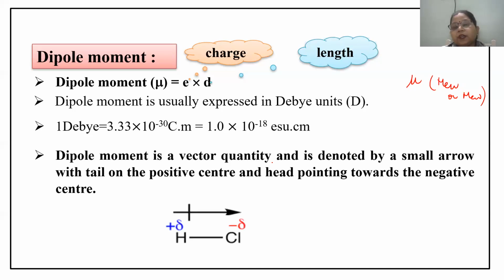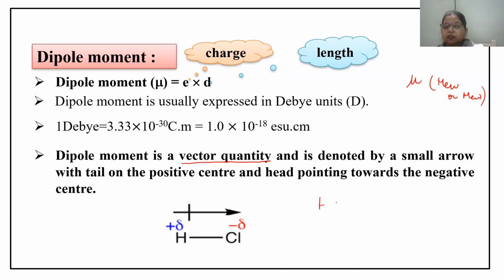Now, how do we represent dipole moment? Dipole moment is a vector quantity. I believe you must have been taught by your physics faculty about vector and scalar. Quantities are of two types, vector quantities and scalar quantities. Vector quantities have a direction, and they are represented by a small arrow.